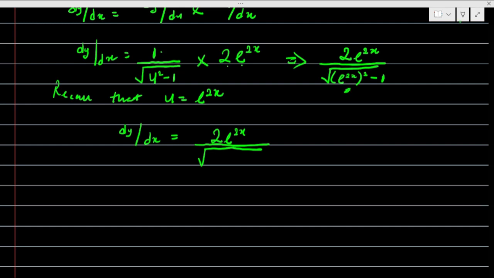So the power inside is going to multiply the power outside. It means we are going to be having 2x times 2, and this will give us 4x, right? So it is going to be e raised to power 4x, minus 1. And this is our answer. Very simple and straightforward.